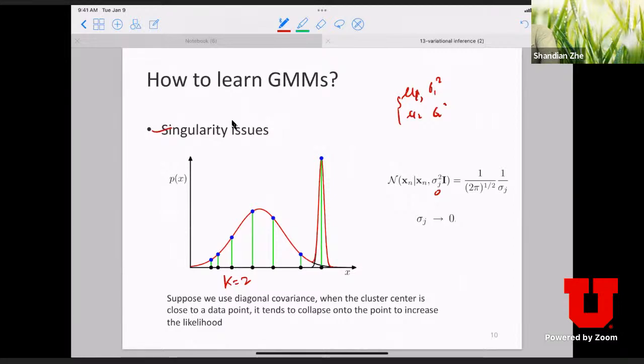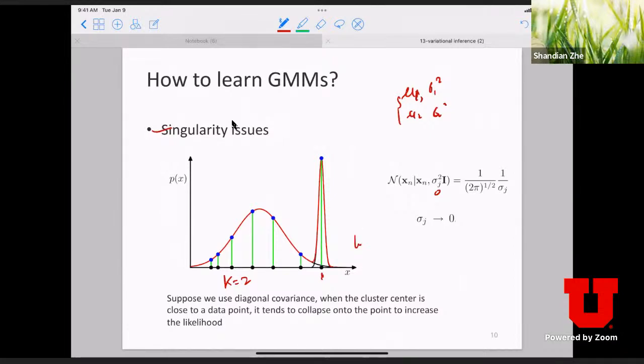And if you happen to initialize one cluster mean to be a data point, for example, just this specific data point, what will happen? Remember, we're trying to maximize the likelihood. So let us look at this data point.